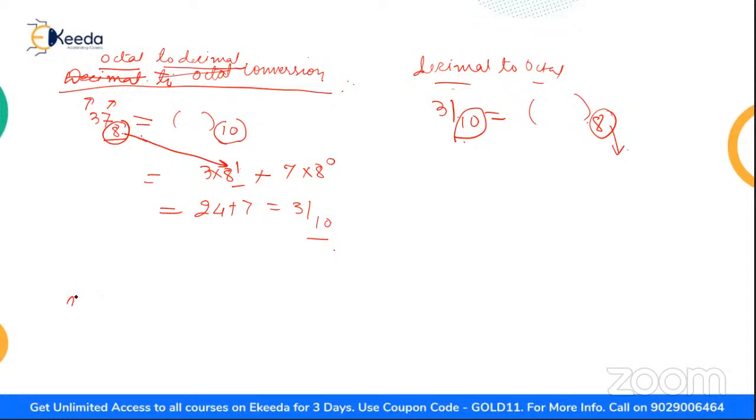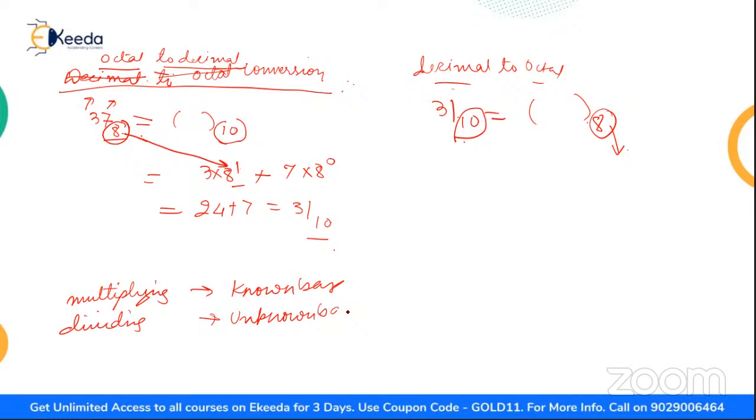Remember, while multiplying use known base, and while dividing use unknown base. Here, known base is this, unknown base is this. So we want to divide 31 by 8.